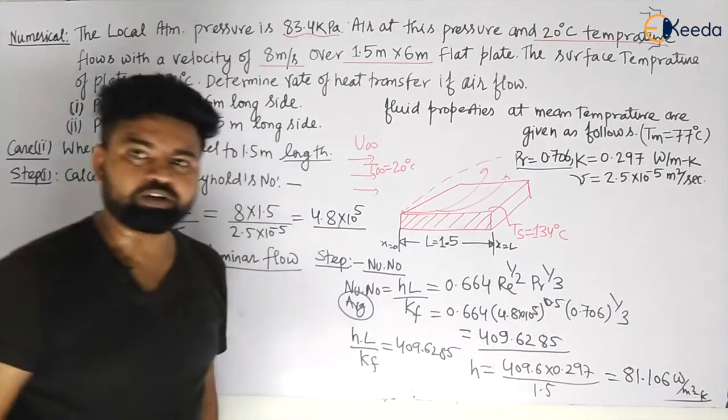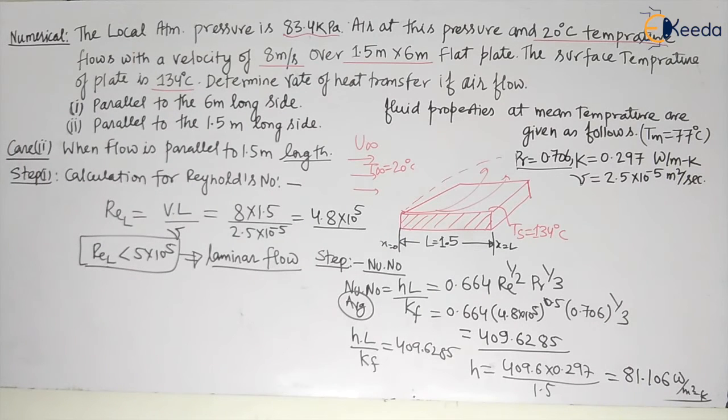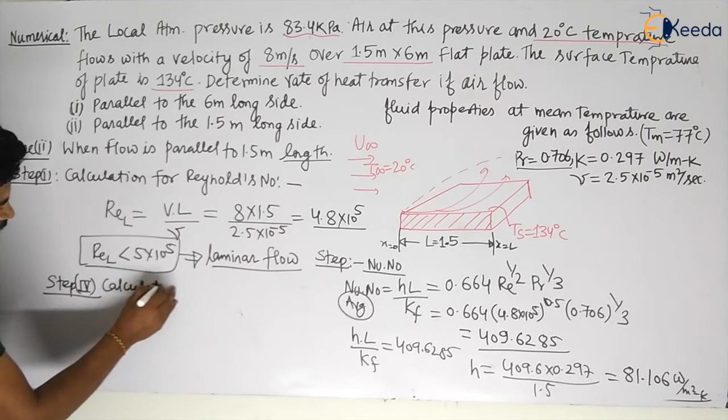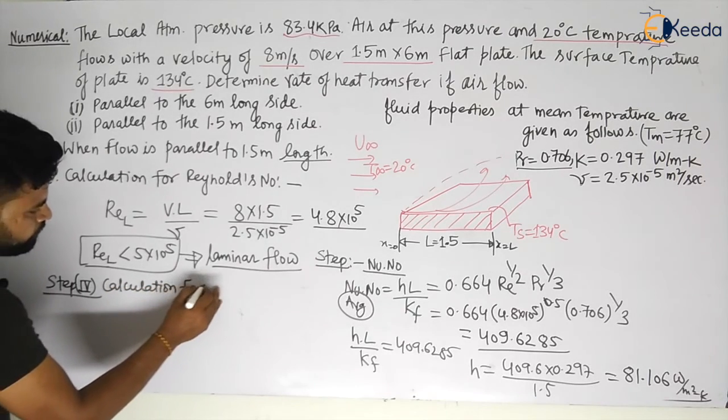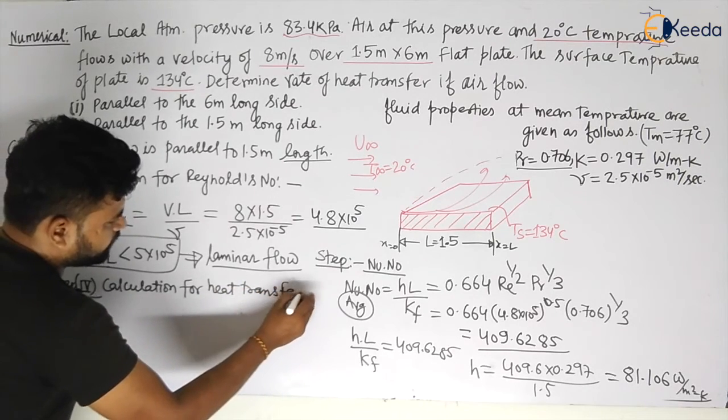So now can we calculate the heat transfer for this case? Yes, we can. The heat transfer in this case will be given by hAΔT. Step 4, calculation for heat transfer.